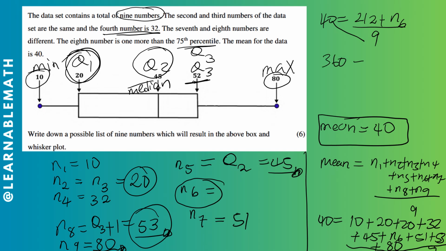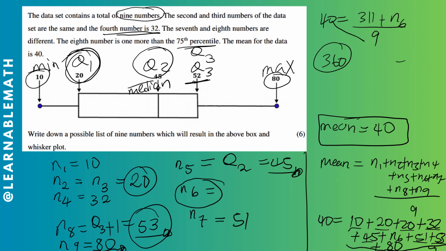If we subtract 212, we get number 6, 360 minus 212. Okay, when we add all of them here, it's not 212, it's 311. I just made a slight mistake there; I think my calculator made some mistake. So when we add 10 plus 20 plus 20 plus 32, 45 plus 51 plus 53 plus 80, we must get 311.